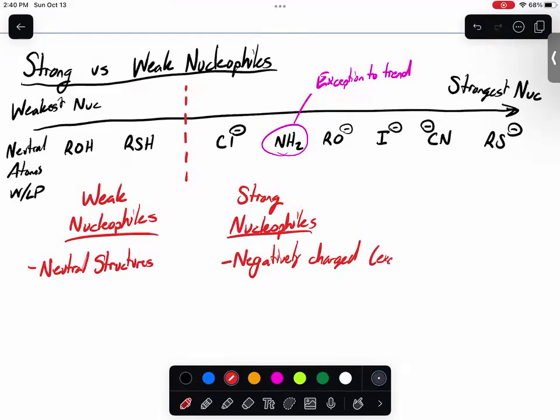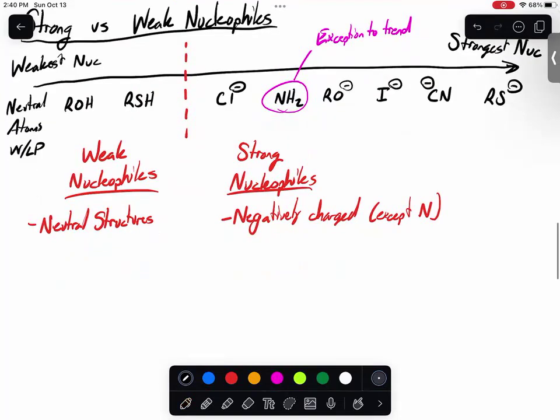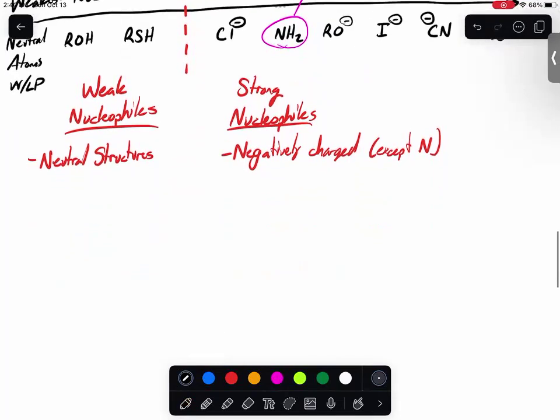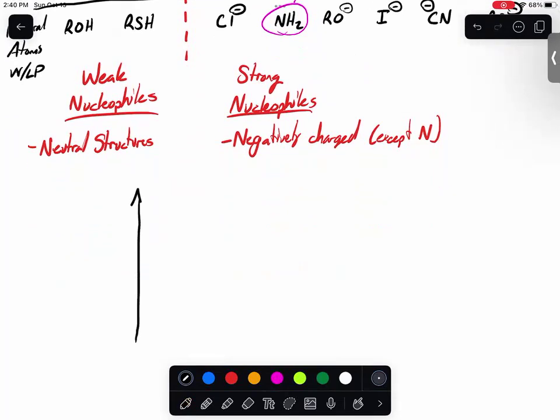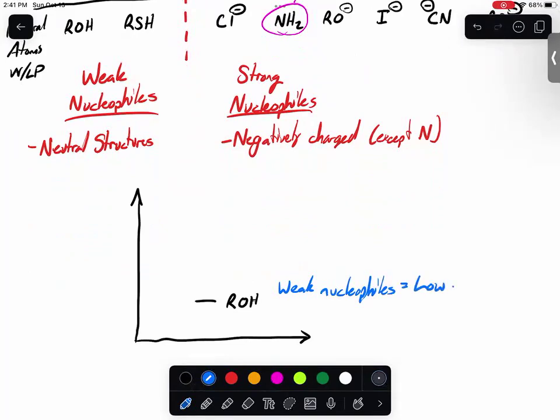except nitrogen. Okay? And the reason for this is because all of these nucleophiles essentially have one thing in common between the weak and the strong forms, and that is where they start in terms of energy, right? So weak nucleophiles are relatively low energy, right? Because they're usually stable. But then strong nucleophiles are usually unstable, right?